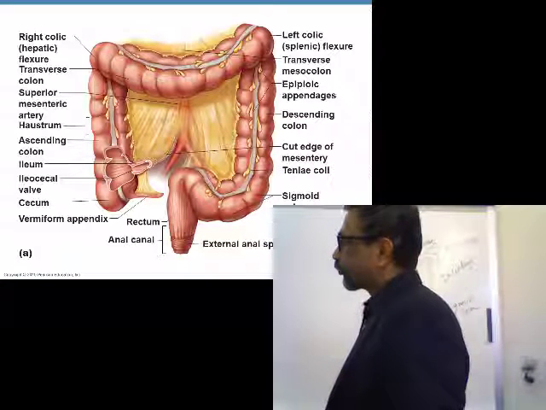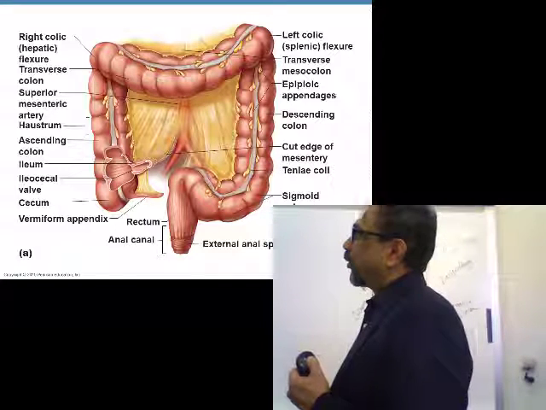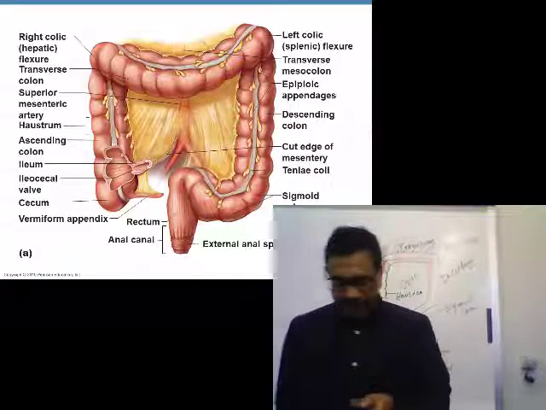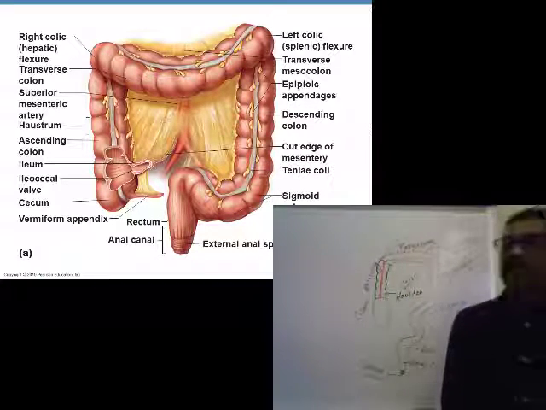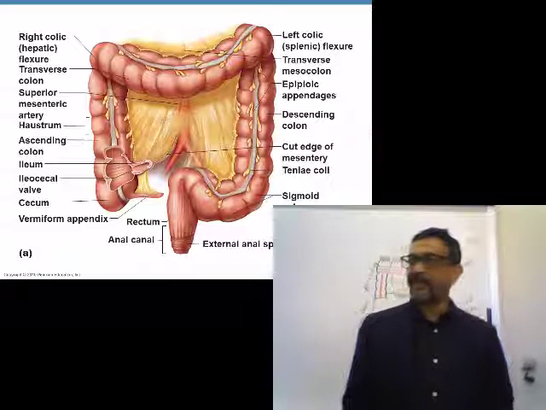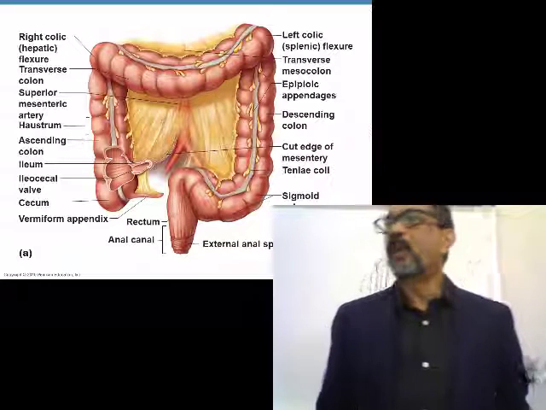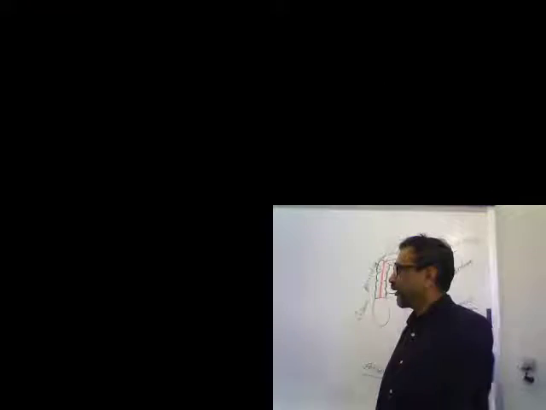Now, you need to know the function of the large intestine. Large intestine is mainly responsible for the absorption of water and electrolytes. Water and electrolytes.